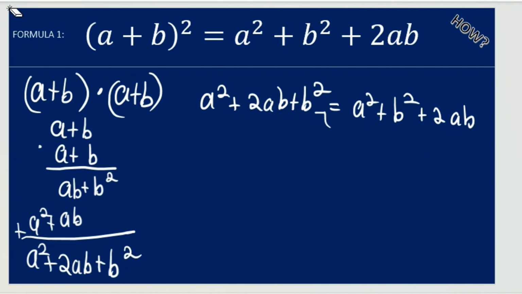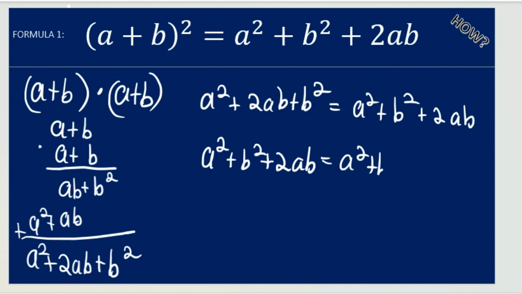So we're gonna just push the 2ab to the end. So a squared plus b squared plus 2ab equals a squared plus b squared plus 2ab. Okay, so now it's exactly equal. So this proves that the left-hand side is equal to the right-hand side and that this formula is totally correct.